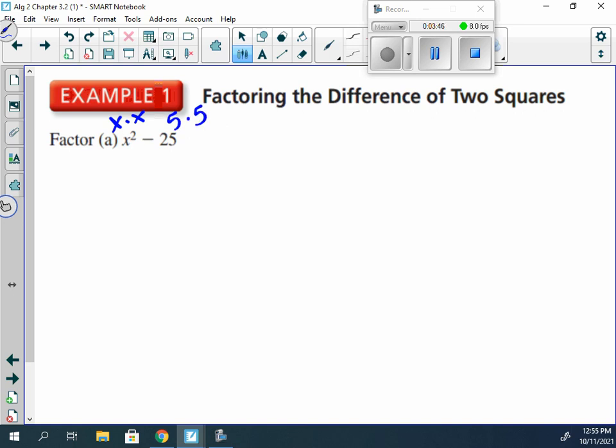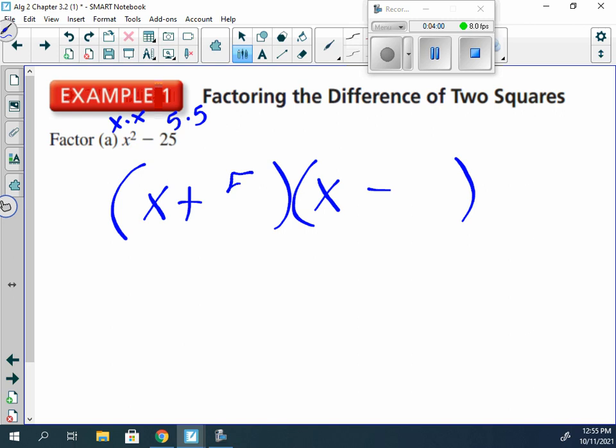So is this a difference of perfect squares? Well, yeah. So we'd have our two sets of parentheses. One of them would be positive, the other would be negative. For x squared, we would have x and x. For 25, we would have 5 and 5. And that's it. That's all we have to do for this here.